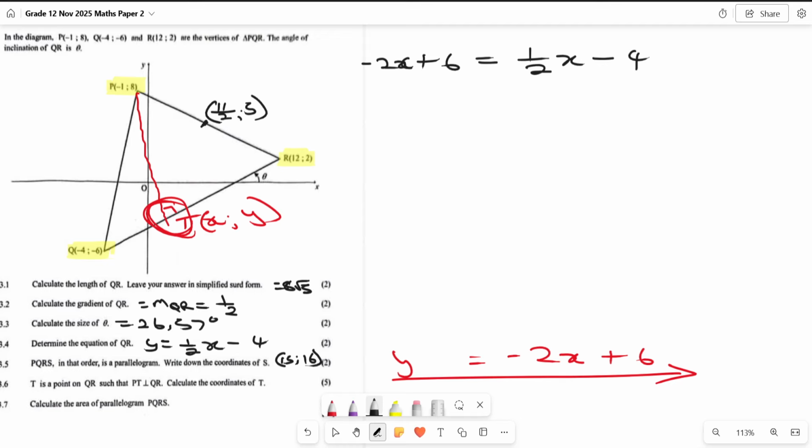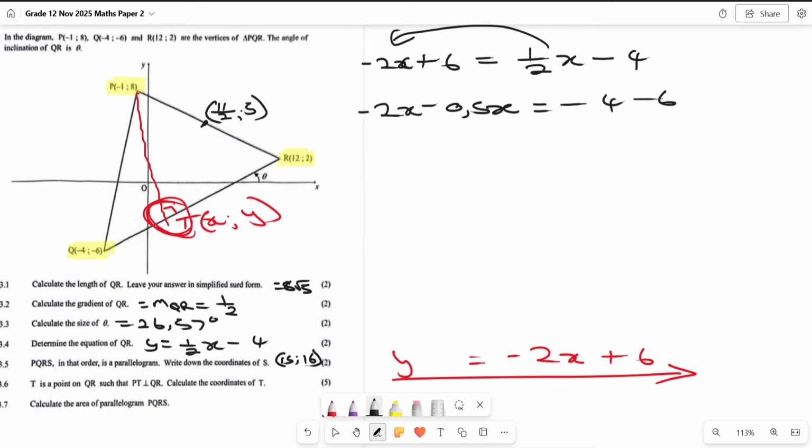I just substituted. So let me take what I want to the right hand side, and you know the drill. I'm going to have 2x plus 0.5x is equal to minus 4 minus 6.